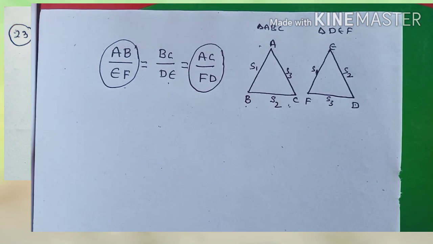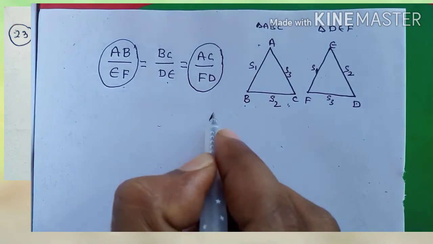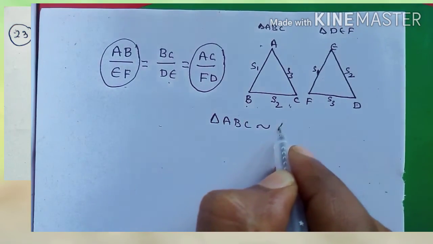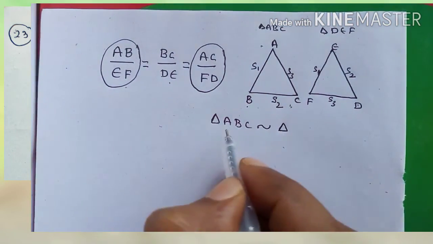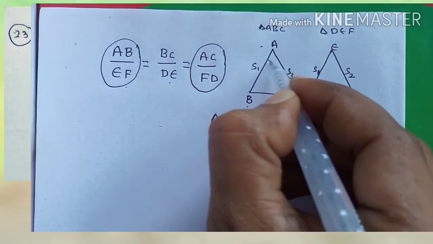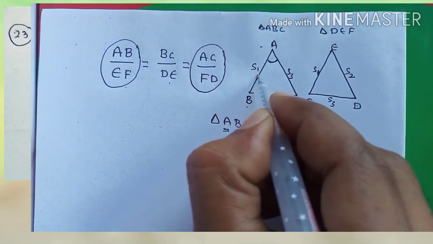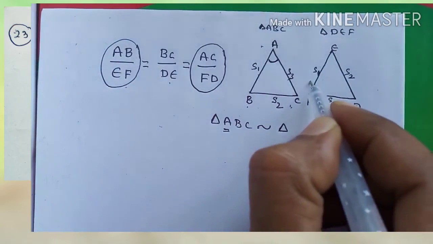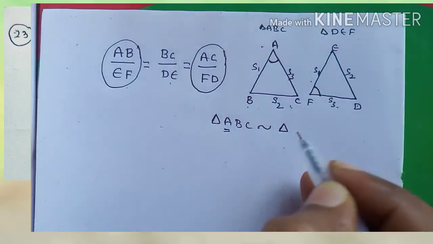Okay students, now you can write its similarity. Let's write triangle ABC is similar to which triangle? Here angle A is between side 1 and side 3. Side 1 and side 3 have the angle F between them.